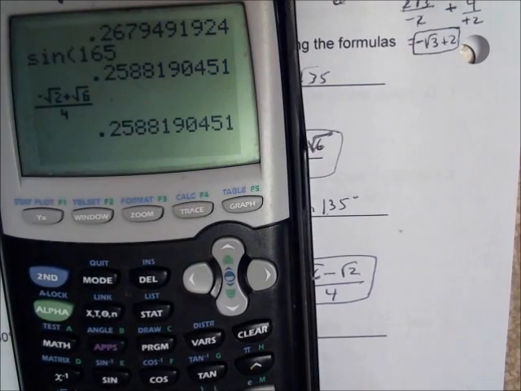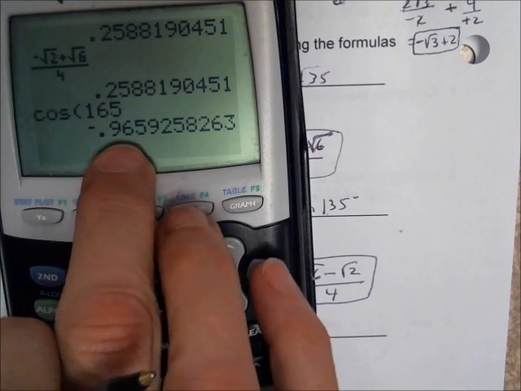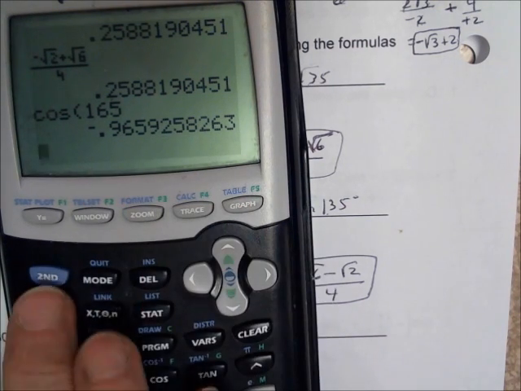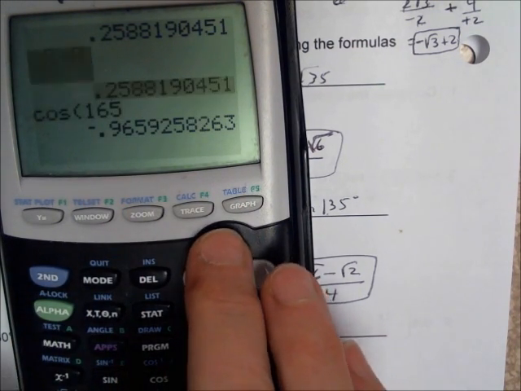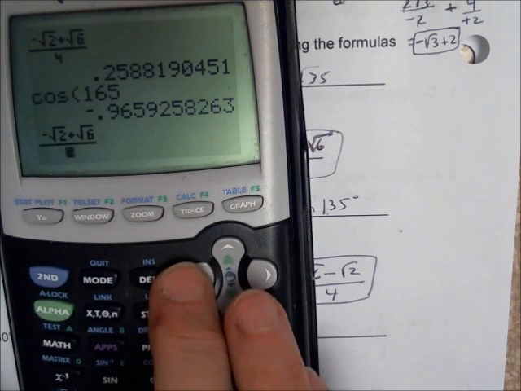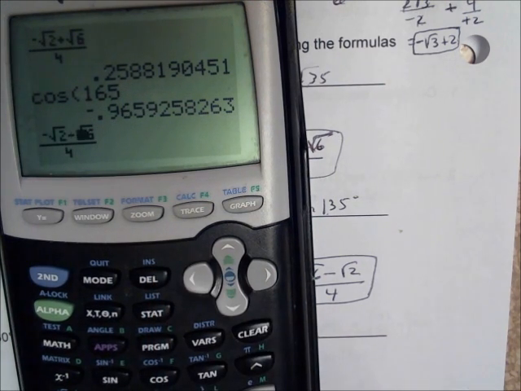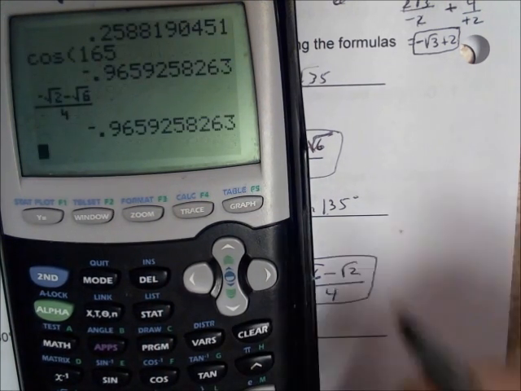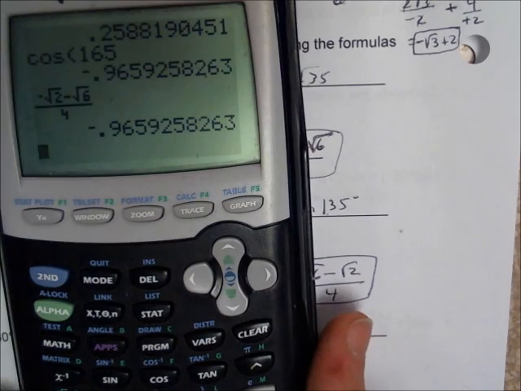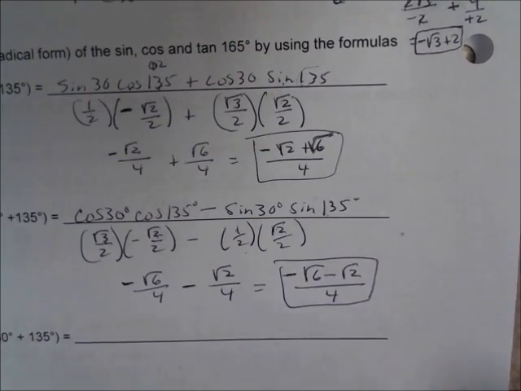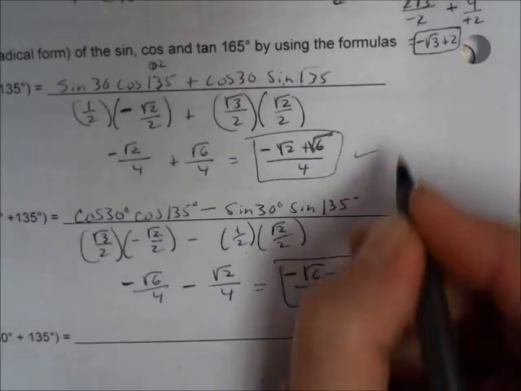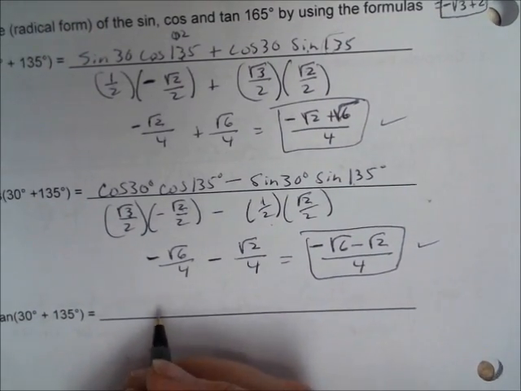And let's see, what is the cosine of 165? Negative that number. Subtract those, and you get the same exact answer. So there's our check.